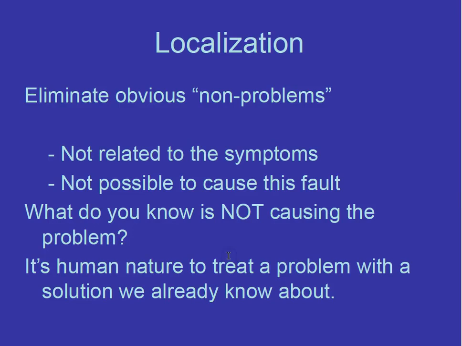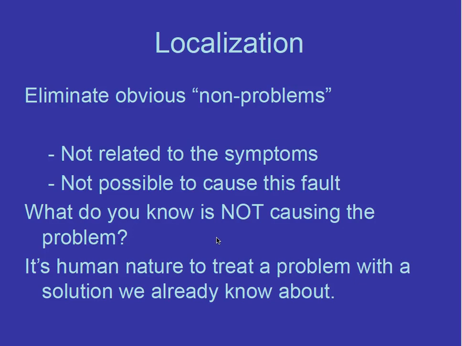Now next we have is the localization. So in localization, you eliminate any obvious non-problems. For example, if you see any component which may not cause any fault, or which has lower chances of causing any fault, or does not show any symptoms.